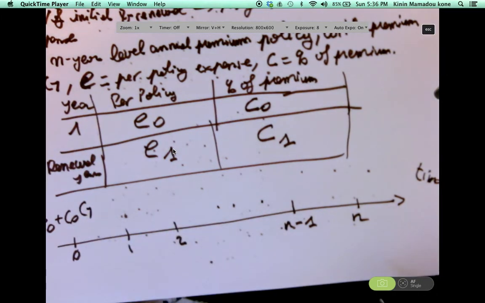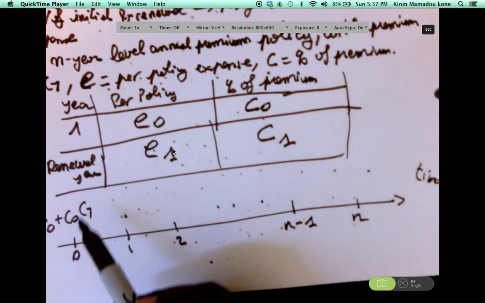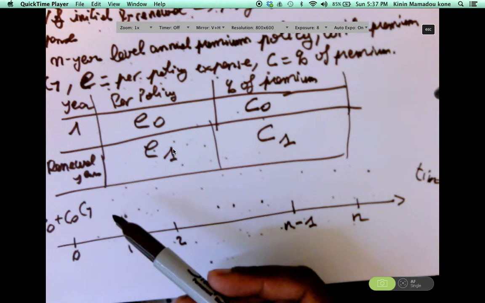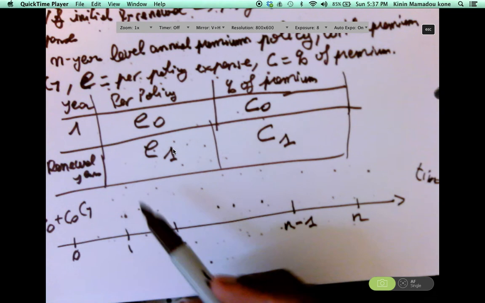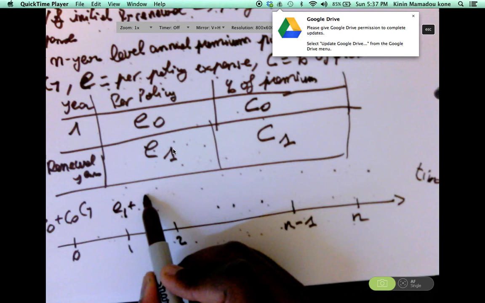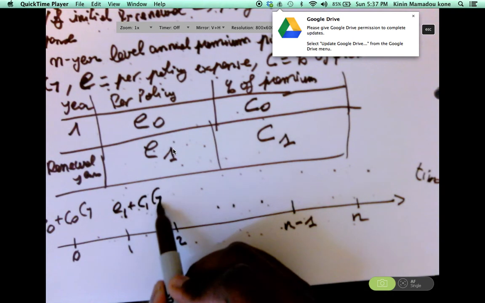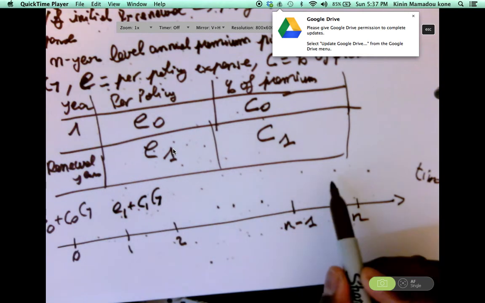Here we're trying to figure out the actual present value of the renewal expense. At time 0 we have only E0 plus C0 G, the initial payment that you make at time 0. Then in the consecutive years you're going to pay E1 plus C1, a percentage of the premium G, and pay the same amount every year until n minus 1.